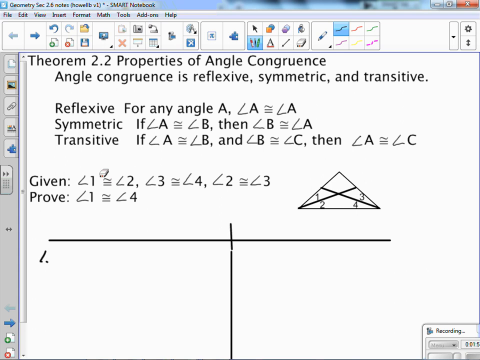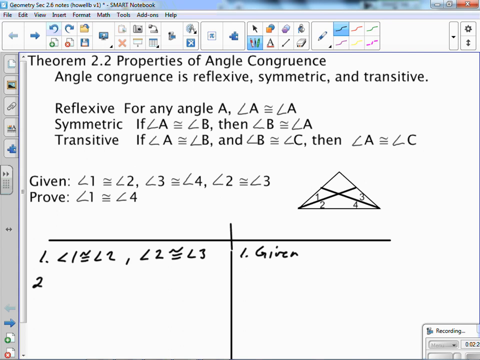And if I say that 1 is congruent to 2, we would need another statement in there, or we can put in another part of this given all in one statement here. So I'm going to say angle 1 is congruent to angle 2, and I'm also going to put in there angle 2 is congruent to angle 3, which is given.